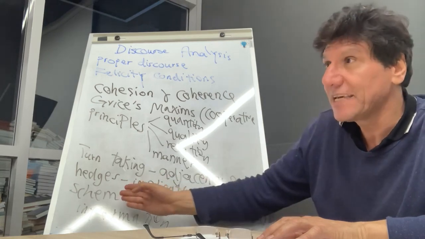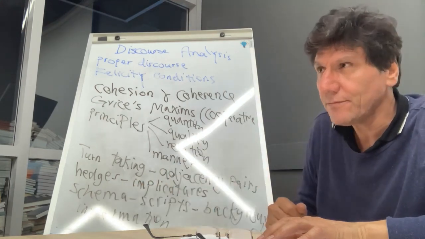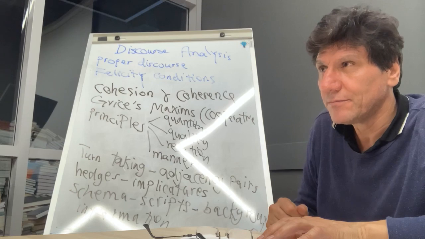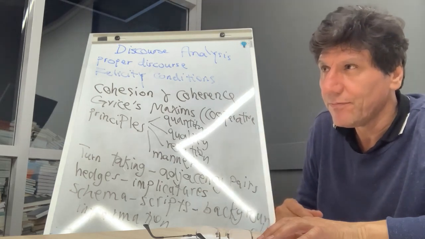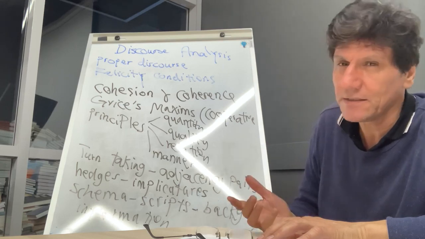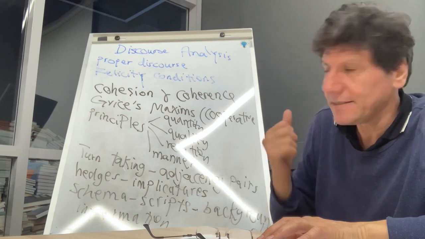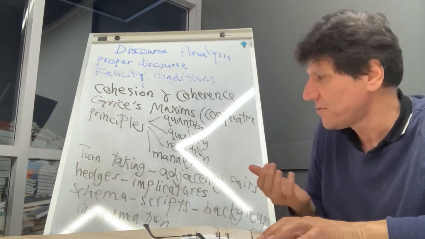I talked about the schema. What is the schema? Conventional knowledge structure that exists in memory, and the general picture that you have in your brain. So that is schema, and script is similar, relevant, background information.